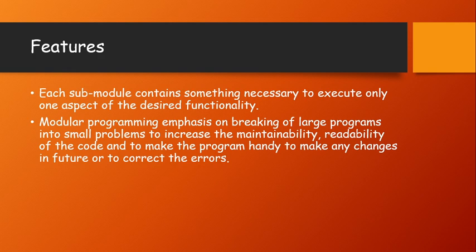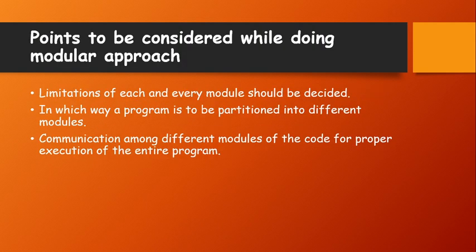Modular programming emphasizes breaking a large program into smaller problems to increase the maintainability and readability of the code, and to make the program handy to make any changes in future or to correct the errors. That's the main advantage. If we are writing a program as modular, we can individually correct the modules. That's the main advantage.